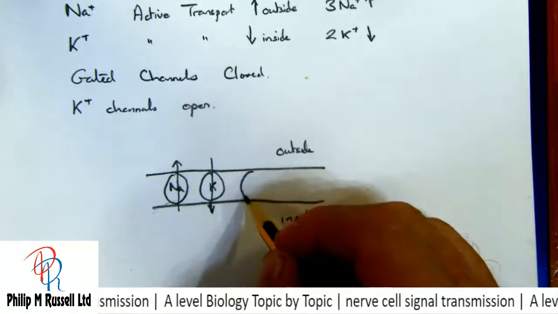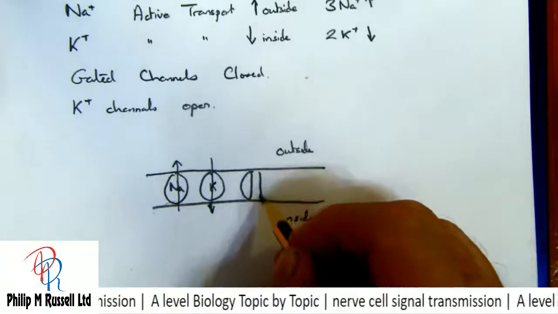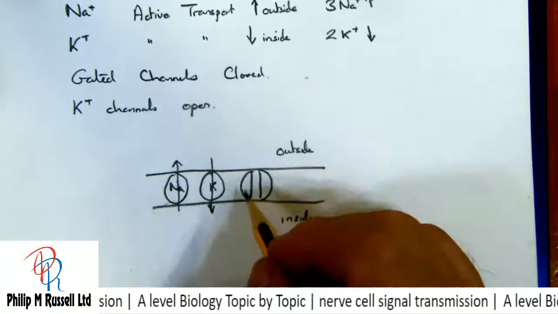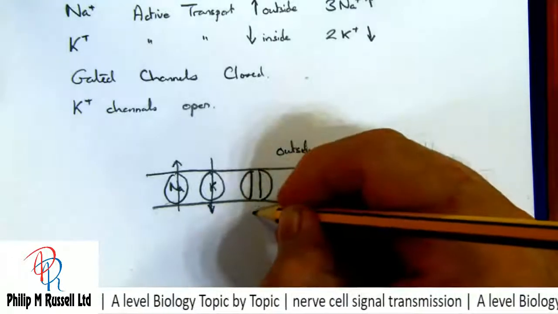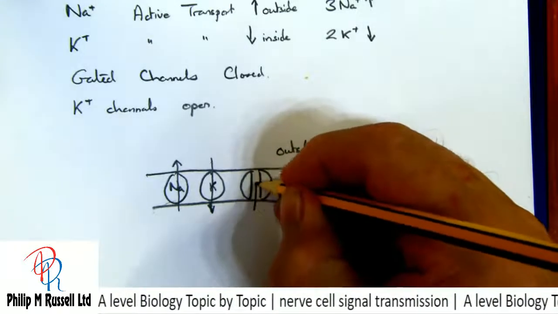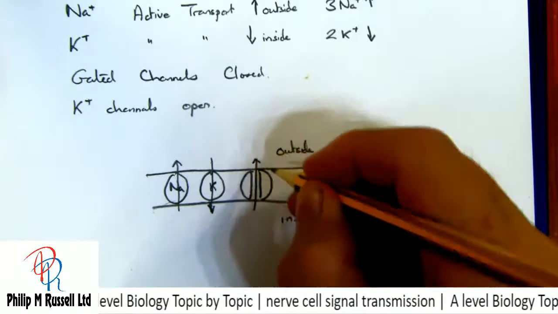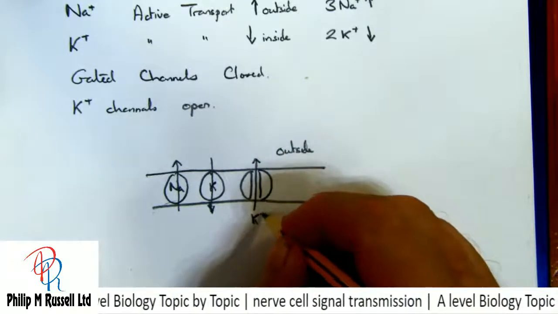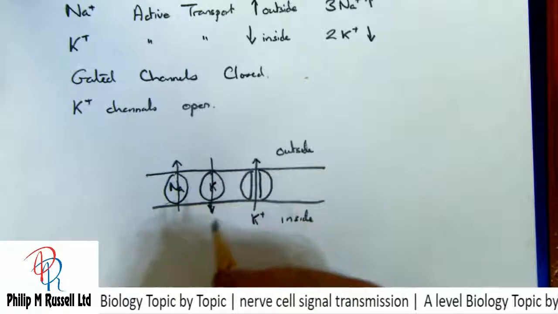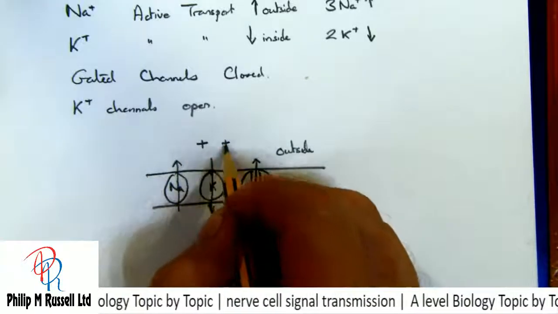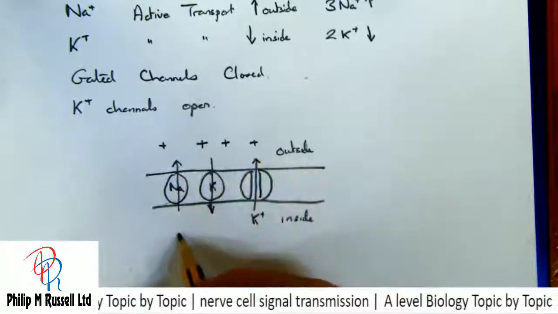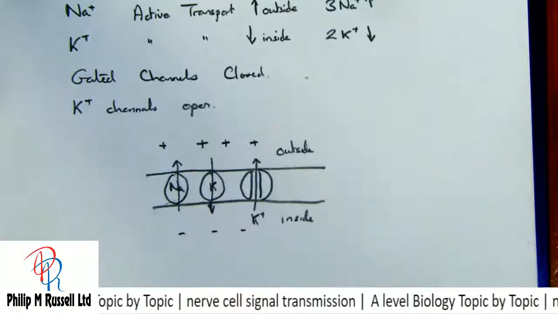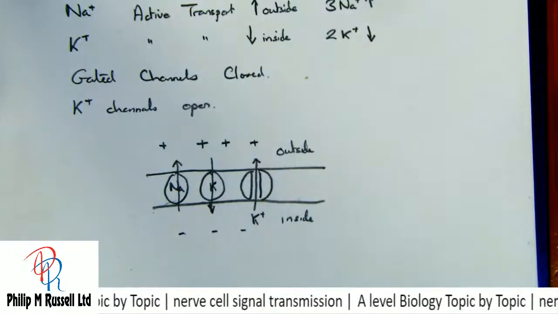We've also got a channel here which is going to allow potassium ions to move out. So this largely gives us a very positive outside and a relatively negative inside.